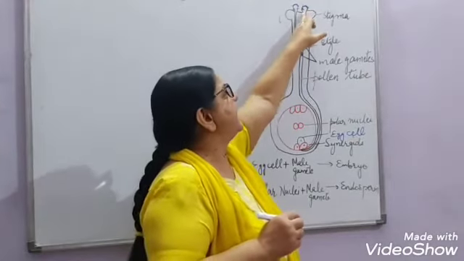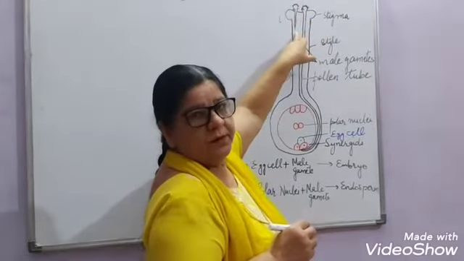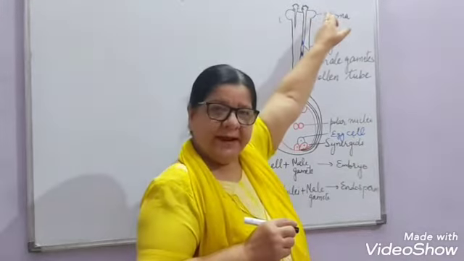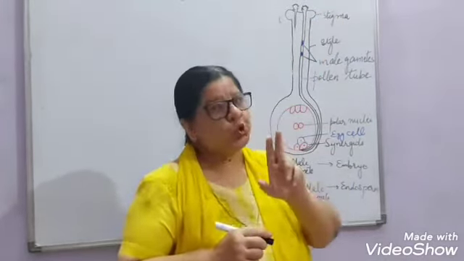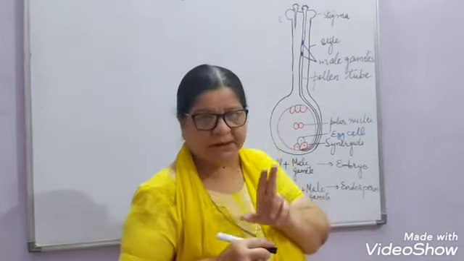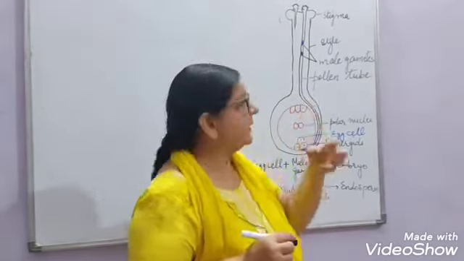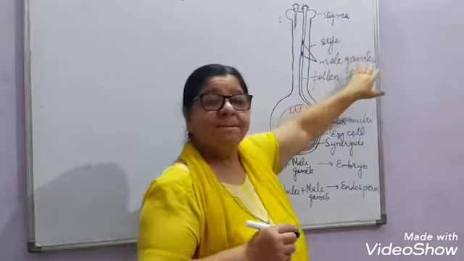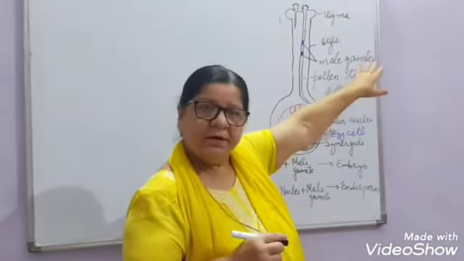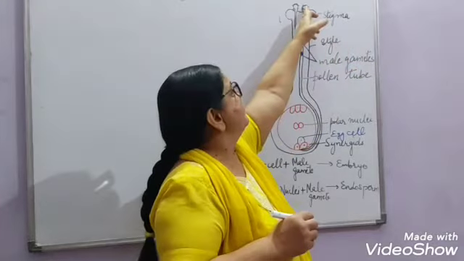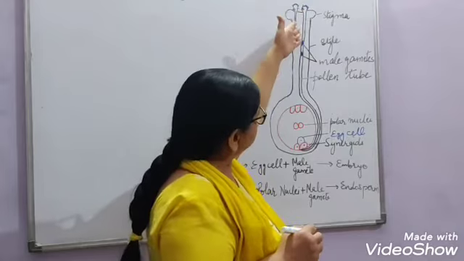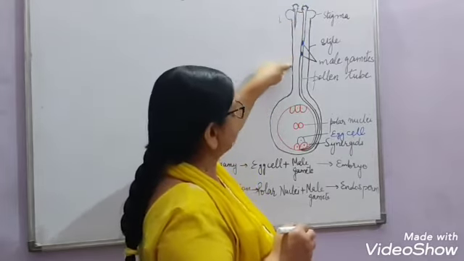And they will develop a pollen tube. Right? Each pollen grain has two male gametes. That is, the nuclei which are present in this are the male gametes. Right? So, when it forms the pollen tube, this pollen tube will pass through the style.